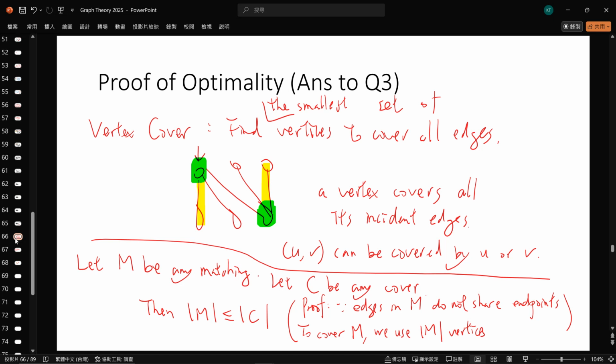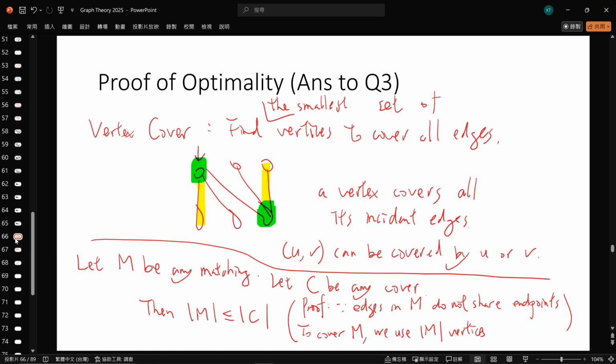And to cover all these edges, when we consider vertex cover, we can just choose these two vertices. Once you have these two vertices, you can cover all the edges. So from this particular example, you can see that the size of this vertex cover is equal to the size of the maximum matching. I only mentioned that this is a vertex cover, by choosing these two vertices.